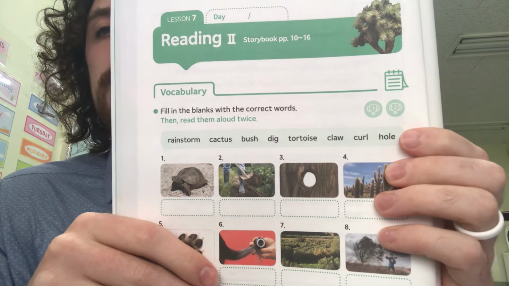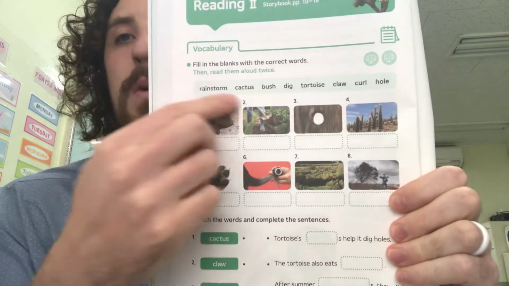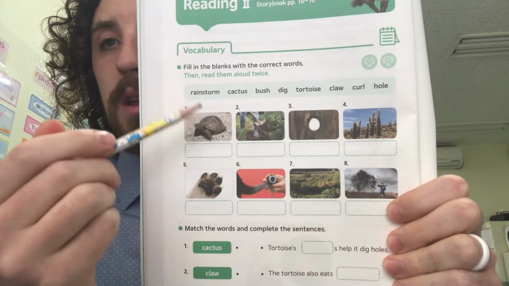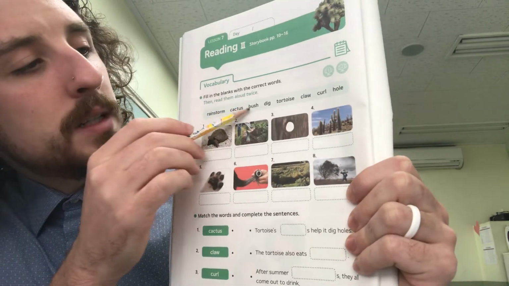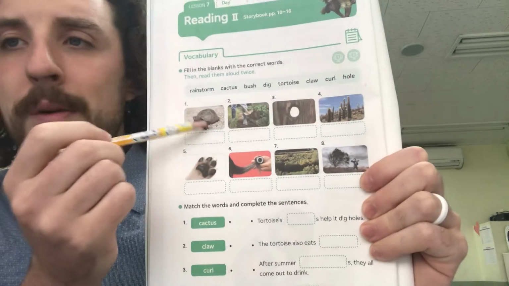So page 22, what we're doing, fill in the blanks with the correct words. Okay, so let's go. We have all the words up here. So what does this look like right here? So we have rainstorm, cactus, bush, dig, tortoise, claw, curl, hole. Well, that one's easy.